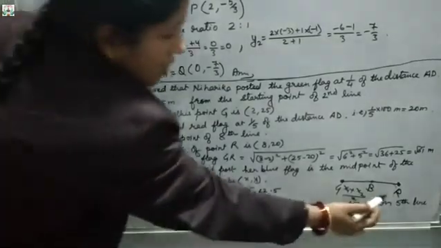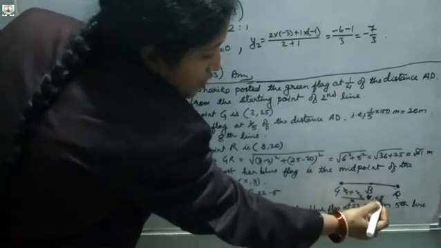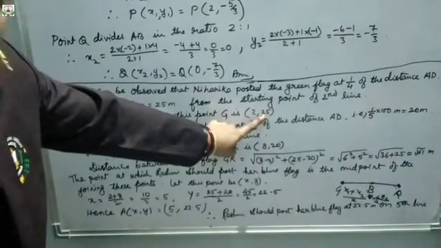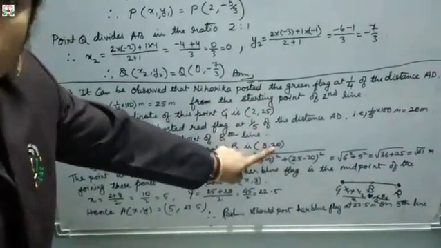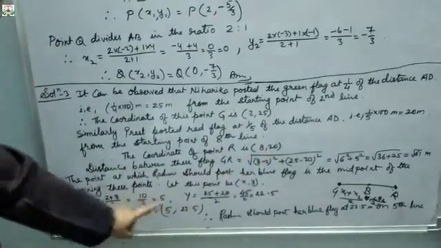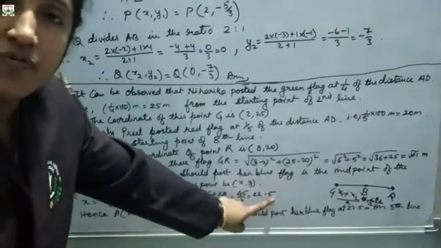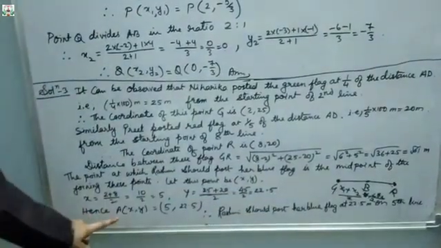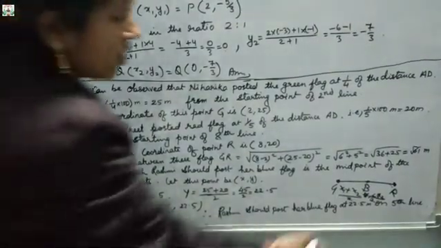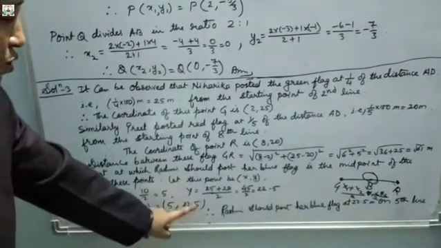In the same way, the y coordinate will be y1 plus y2 upon 2. Here y1 is 25 and y2 is 20. So 25 plus 20 upon 2 is 45 upon 2, which equals 22.5. Clear? Therefore, the midpoint x comma y will be 5 comma 22.5.